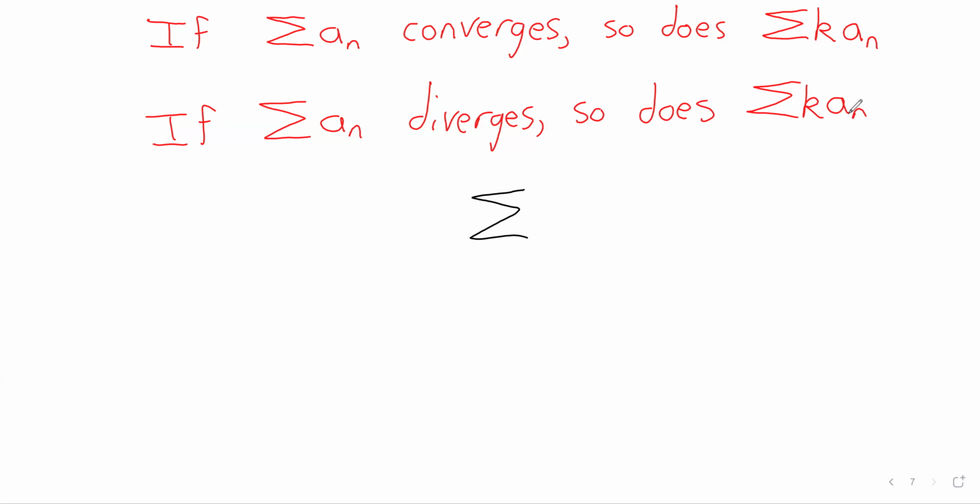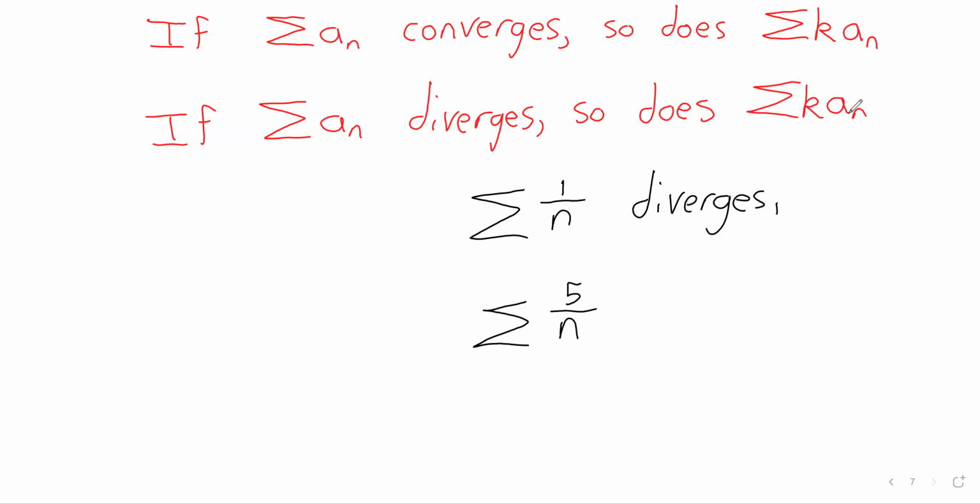I've mentioned this a few times now. We're going to see tomorrow that the series 1 over n diverges. Now, what if we don't have 1 over n?